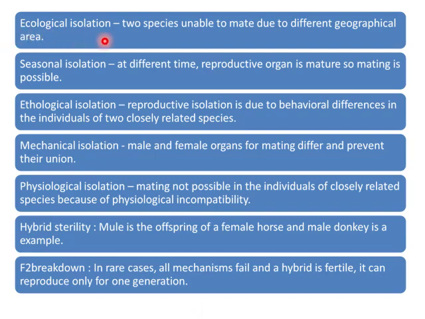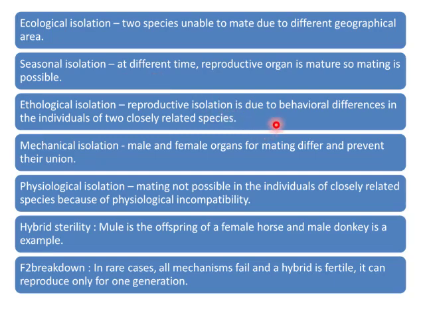Dear students, now we are going to discuss the seven different types of isolation, in which number one is ecological isolation, in which two species are unable to meet due to different geographical areas, as you already studied in the above slide. Number two is seasonal isolation, in which two different species have different seasons for the maturation of their reproductive organs and their reproduction.